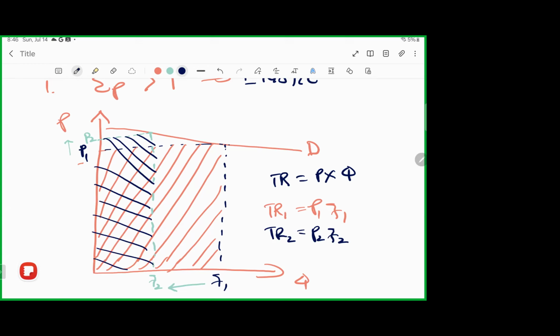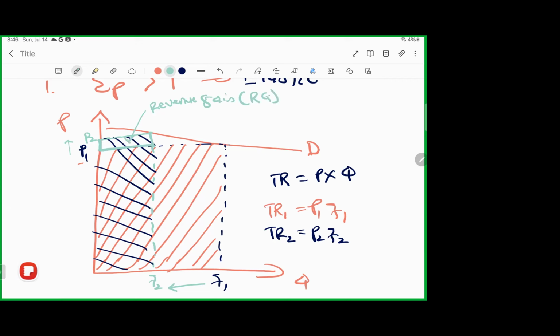What can you see? The seller has gained some revenue. And what is that part of the revenue the seller has gained? Is this side. Remember, this particular side of the revenue the seller has gained. So this side is, let me say, revenue gain, RG.